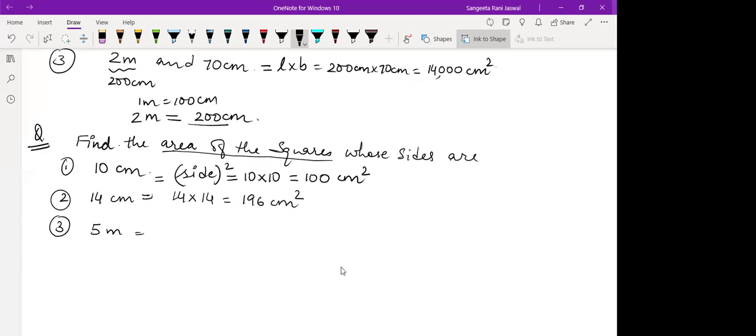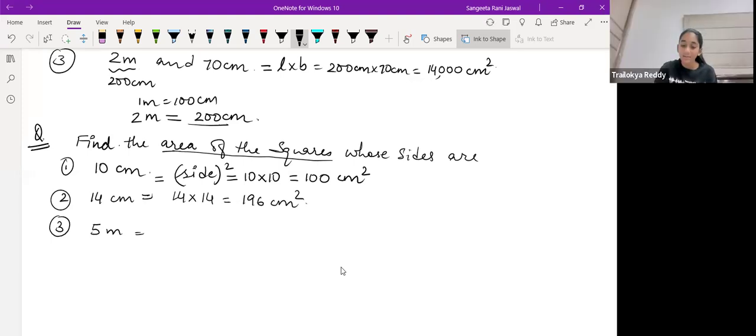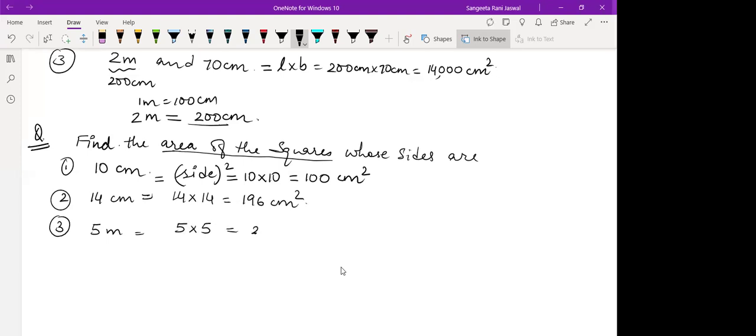Very good. Good, Harshit. Okay, Trilokya, it's your turn now. Yes, ma'am. Side into side, which is 5 into 5 is 25 square centimeters. Very good. It's meter, so it's meter square. Okay? Good.